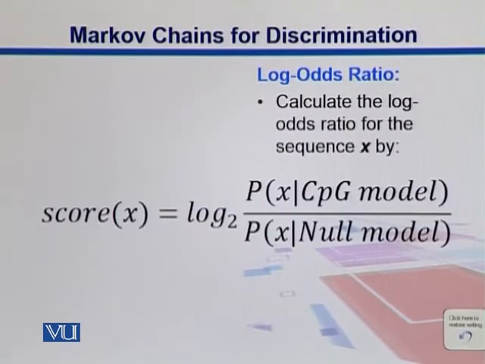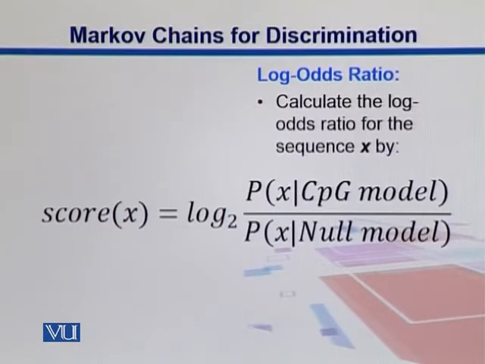So we calculate the log odds ratios for the sequence by log of 2. In log 2, what happens is that the numbers are converted such that if you are getting a number 2 on the log 2 scale, that is actually 4, which is 2 raised to power 2.